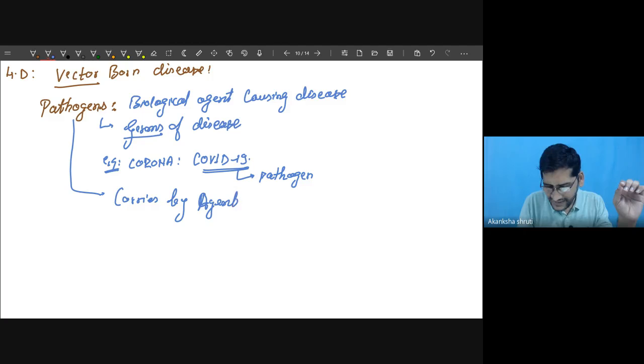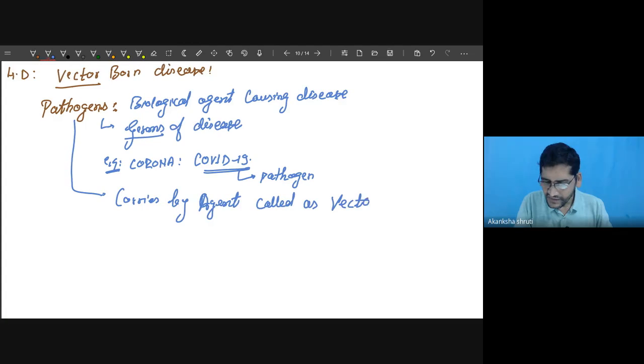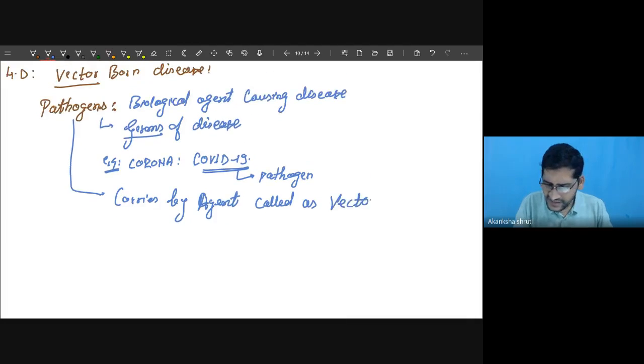So that agent which carries this pathogen, that agent is called a vector. Getting, student? So what are these vectors? So now write for the vector. So there is a difference between pathogens and vector.